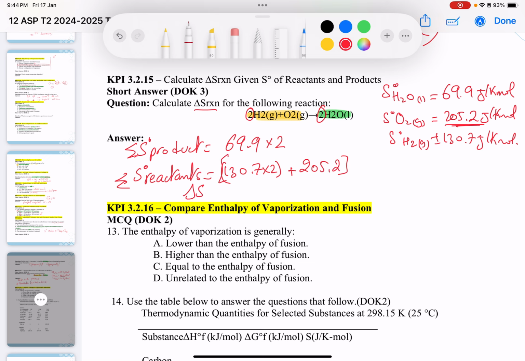Now, delta S standard of the reaction is this value minus this value.